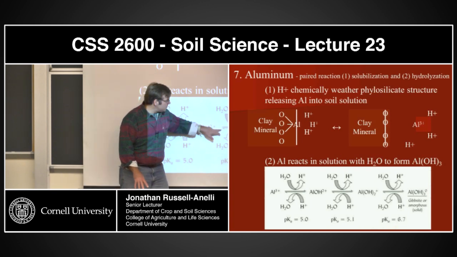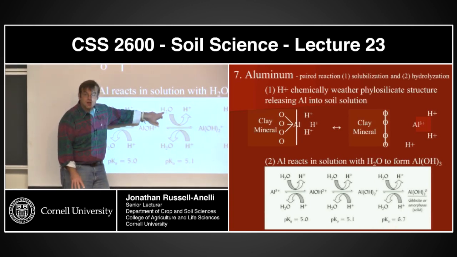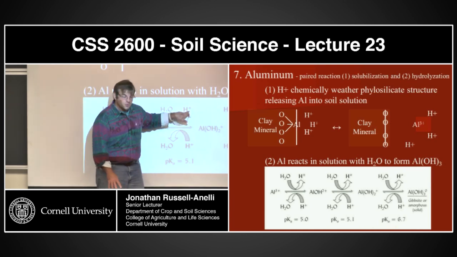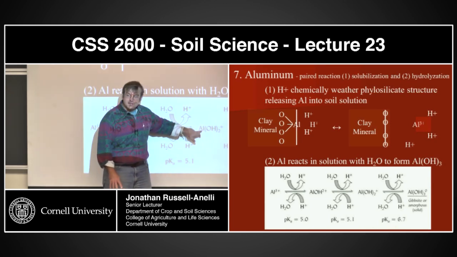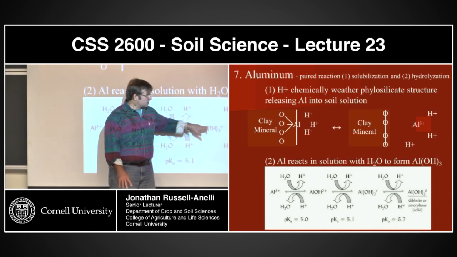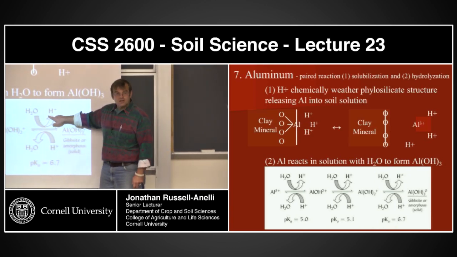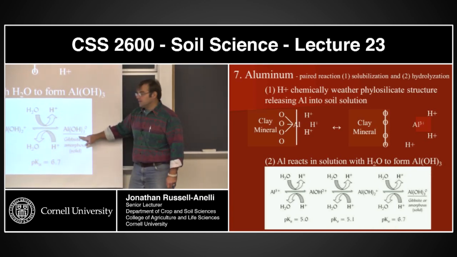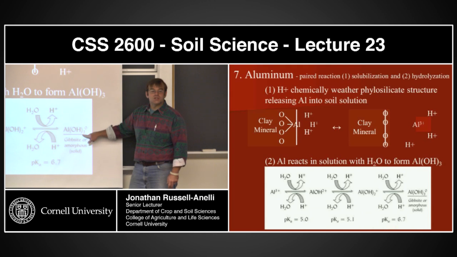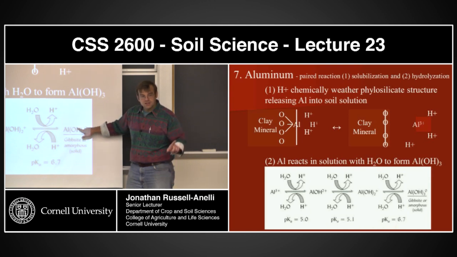This AlOH2+ will react with another water, releasing another proton and making Al(OH)2+. This can continue reacting with another water and releasing another proton, effectively making gibbsite, Al(OH)3. It's no longer charged, and basically it's taking up those hydroxides.